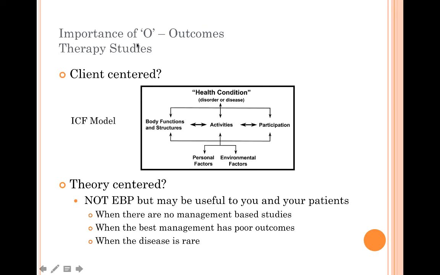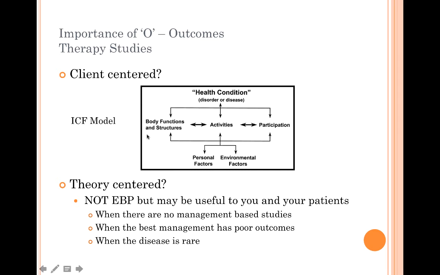So let's talk about the O for a minute, because the O helps you categorize a study in terms of whether it's purely theoretical or whether it's client-centered or has clinical relevance. If we look at the ICF model, theory-based questions and studies are going to address the body function and structure level questions.